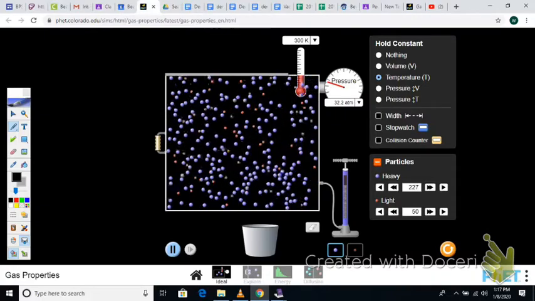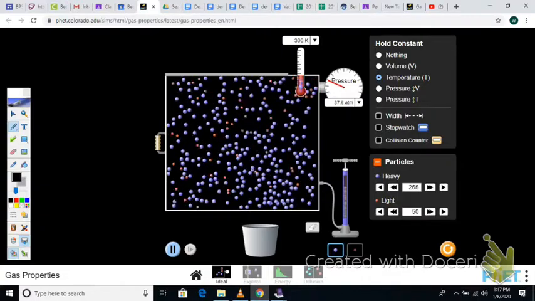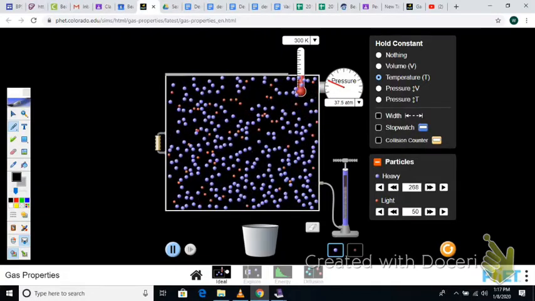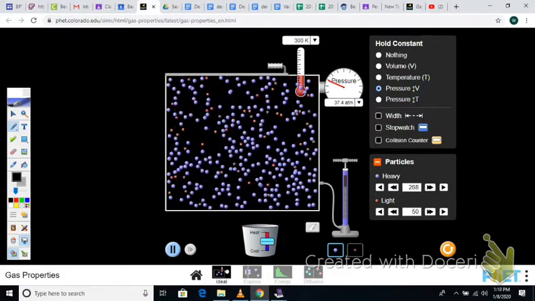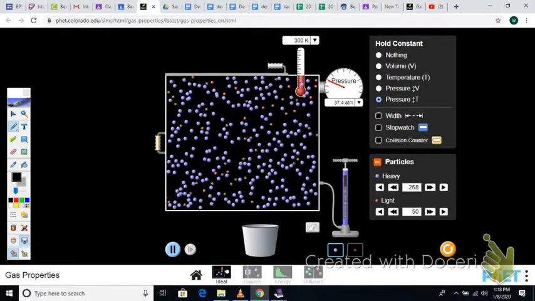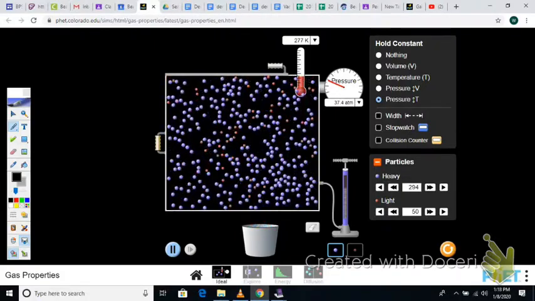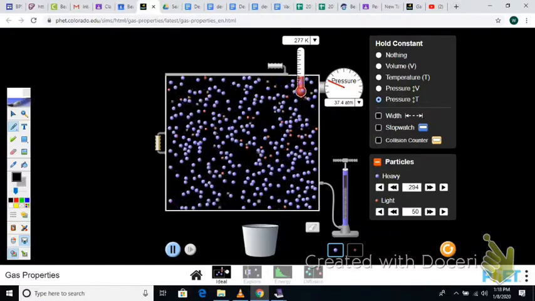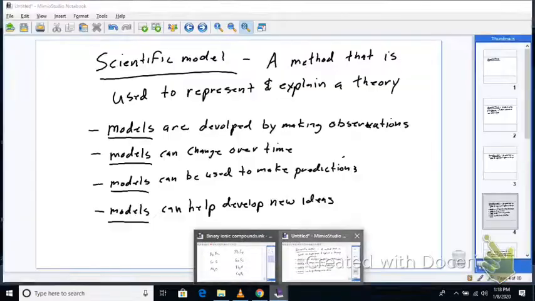Yeah, it's going to get bigger. Or the pressure is going to get bigger. So some of these you have to keep constant. You can't change them. So these are models. That's all this is. It's modeling.